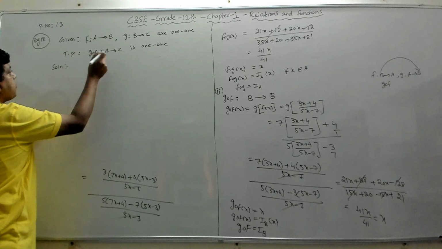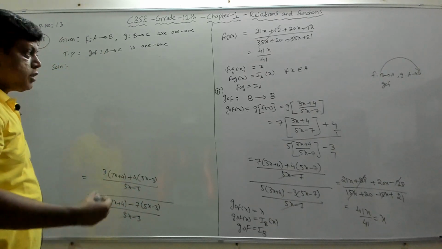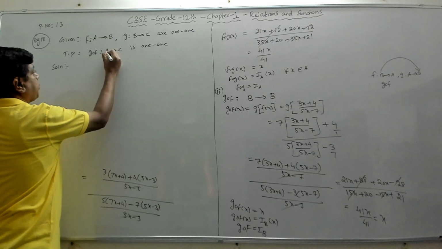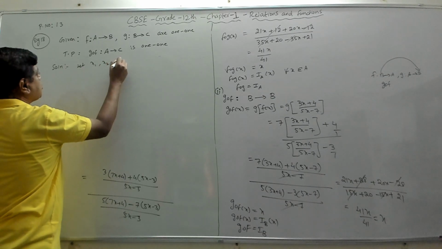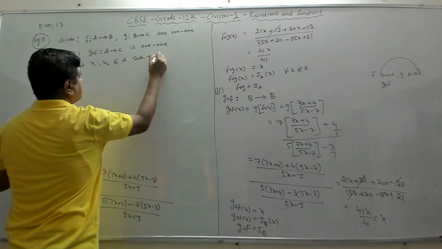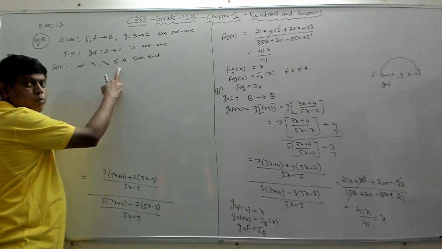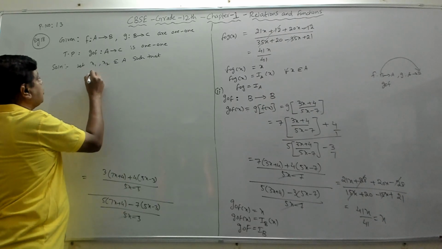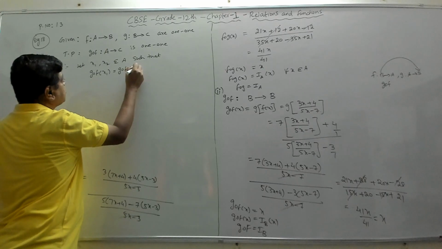Now how do we prove g of f is 1 to 1? To prove any function is 1 to 1, how do we start? We will take two elements from the domain A. So let x1, x2 belong to A such that they have the same image. We will take two elements from the domain such that g of f of x1 equals g of f of x2.